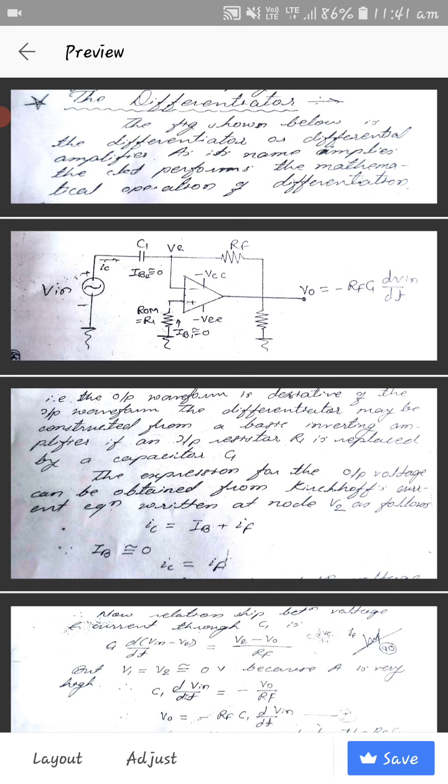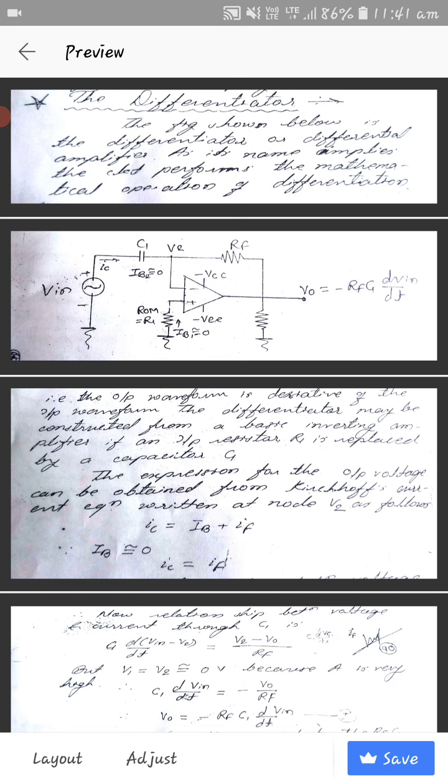IC is the current flowing through the capacitor, IB is the current flowing through the resistor R1 connected to the non-inverting terminal, and IF is the feedback current.